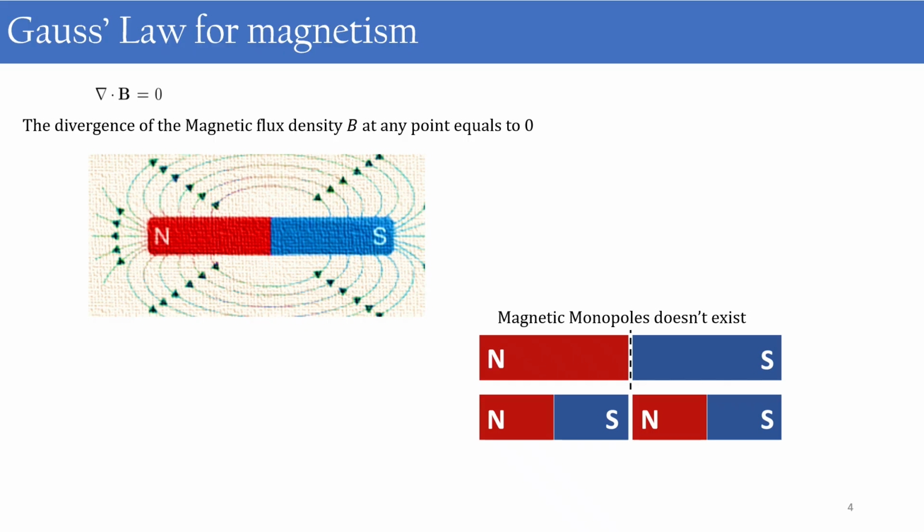But in case of a magnetic field, the magnetic fields form closed loops like this. It looks like it is coming out of the north pole and ending on the south pole, and going inside the magnet and forming the closed loop.